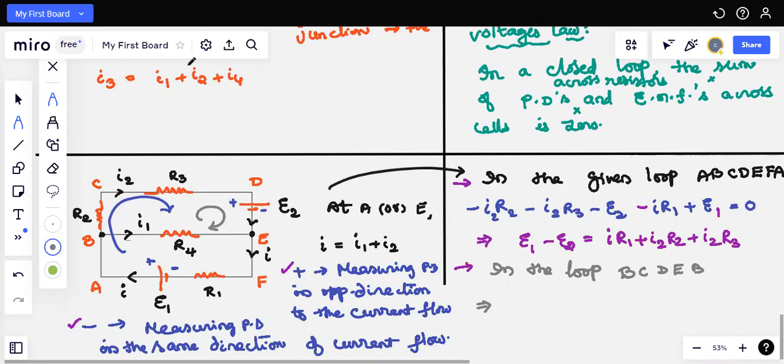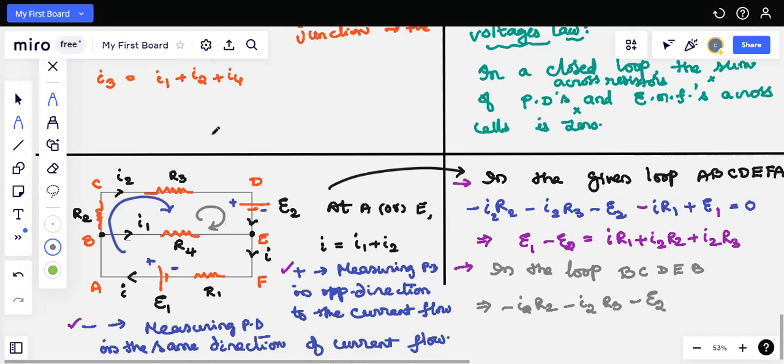B to C. Is it negative or positive? I2 R2. It is negative, since it is in the direction of current flow. Yes, minus I2 R2. And it is also in the direction of current flow, minus I2 R3. D to E, very good, minus E2. But I think the last one is positive.